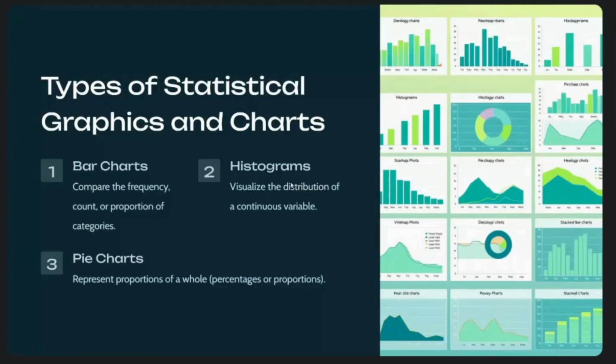So a histogram, as I said before, helps us to visualize the distribution of a continuous variable. When you say continuous variable, it means you deal with numerical data, as we talked about before the session started.